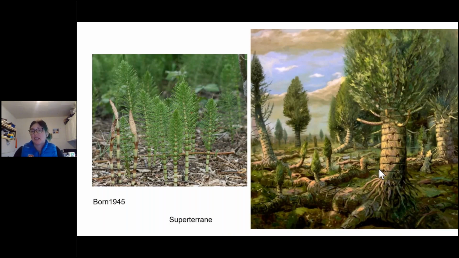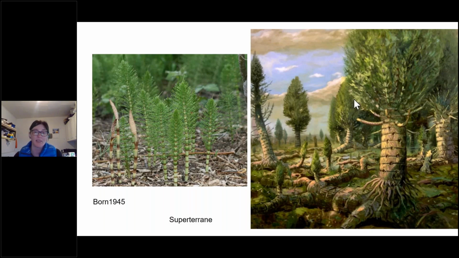So again, lycophytes, horsetails, ferns, what we call proto-gymnosperms, so plants that came before things like spruce and pine and our other coniferous type of trees. So these plants had leaves, these plants had roots, and these plants had secondary growth, so growth outwards.